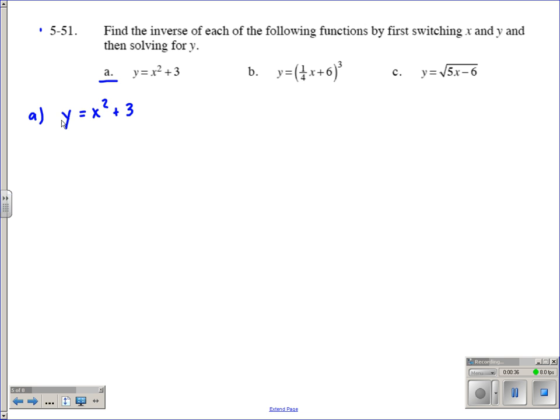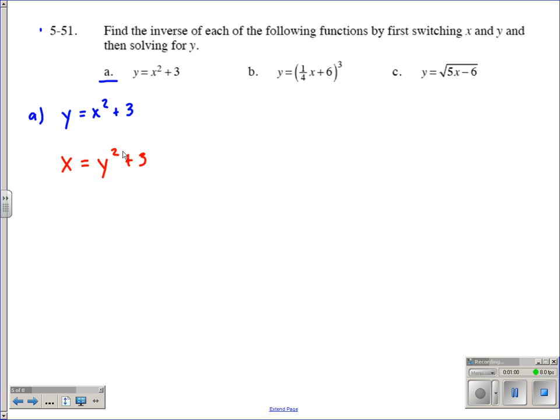So our first order of business here is to take our x and y values and switch them. So we should now have x equals y squared plus 3. Now we need to solve for y.